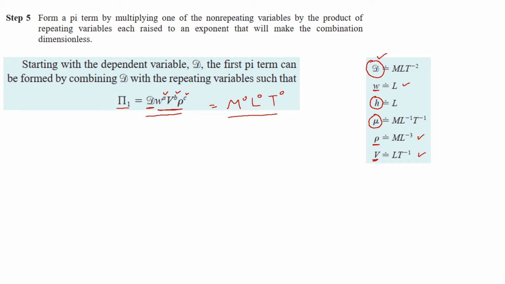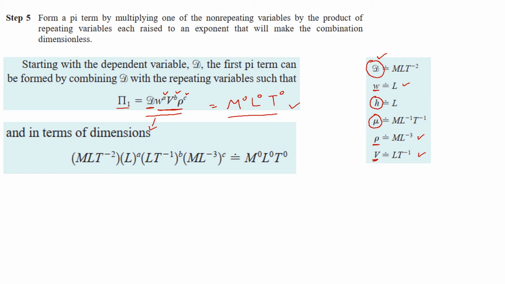So now let's write their dimensions. Let's write the dimensions of these terms and equate them to a dimensionless entity, in this case our 3 reference dimensions, the MLT, and they are dimensionless. So this is how we are going to write it. These are my dimensions for force, that is my non-repeating variable, and then my repeating variable width, and then my repeating variable velocity, and my repeating variable density.